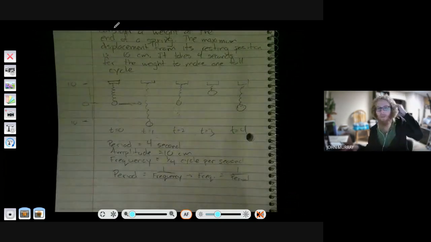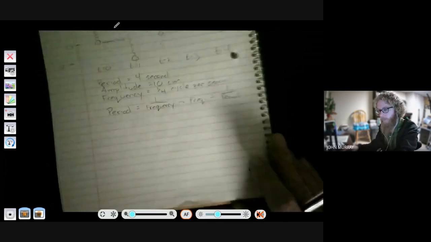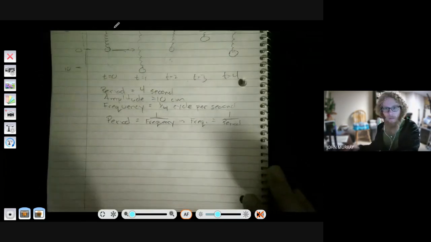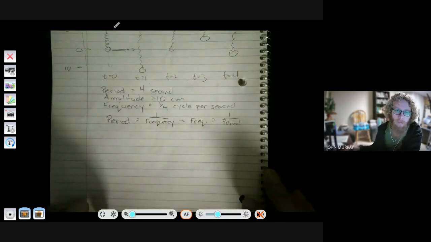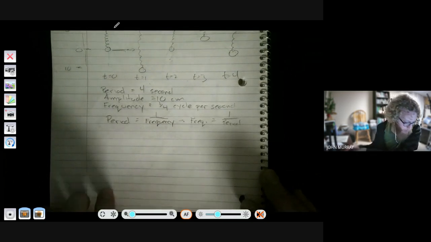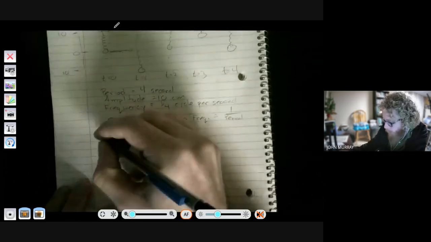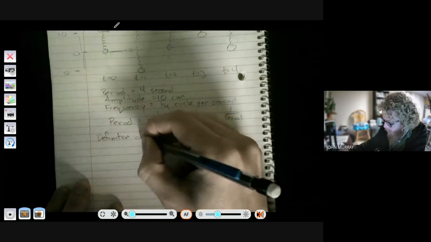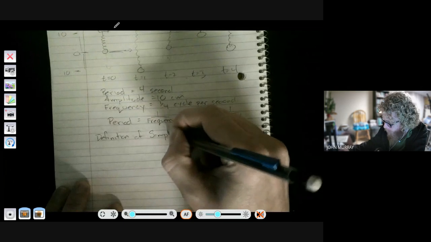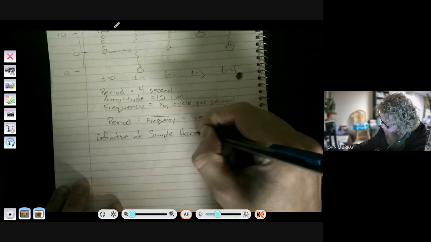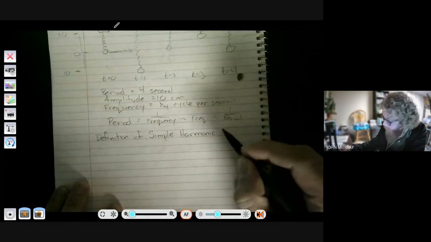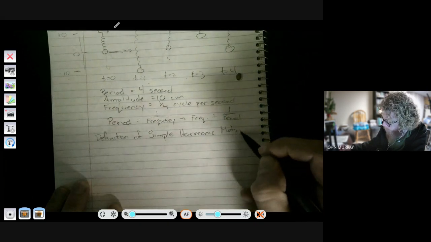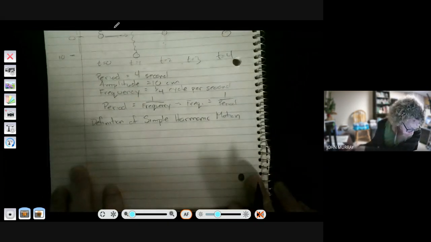All right, so how do we use this with trigonometry? Well, we see a lot of similar terminology. We have amplitude and we have period, so that's going to help us. With this, we can have the definition of simple harmonic motion.